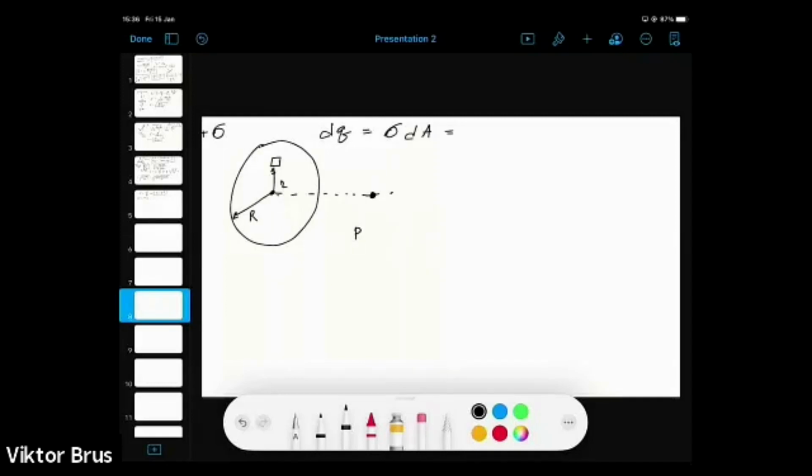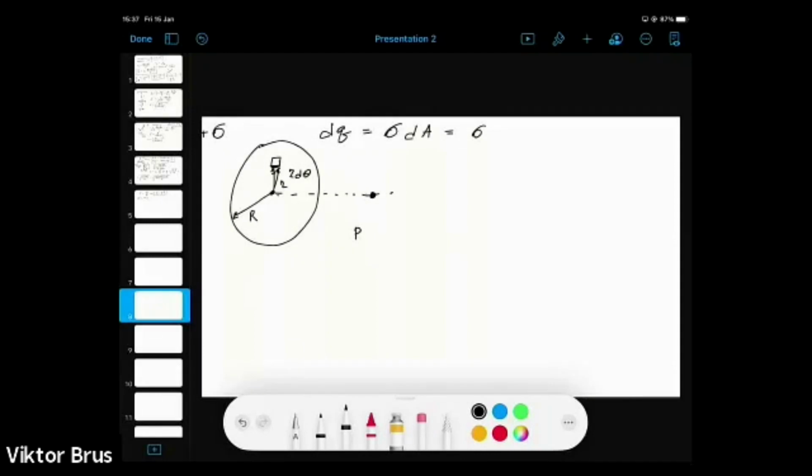So in this case, sigma is a constant, and we need to define what this small area will be. So this side could be defined as r times d theta, the angle in between these two vectors from the beginning and the end of this side of the small area.